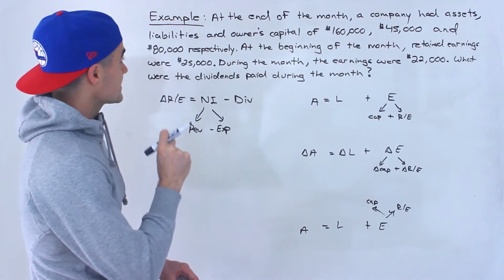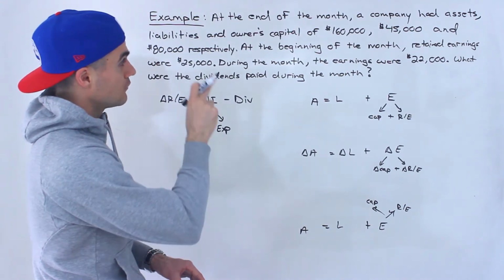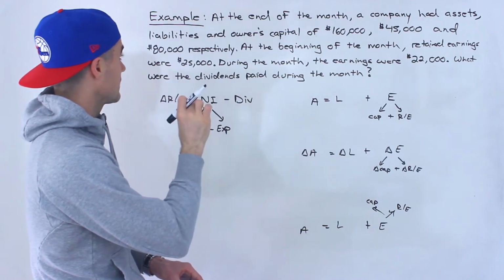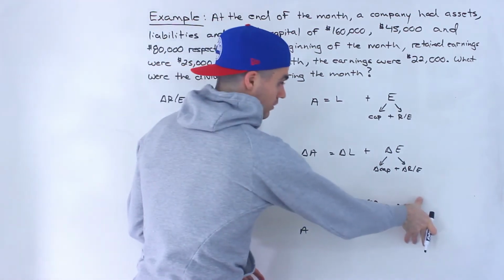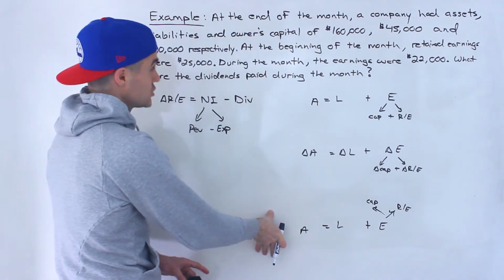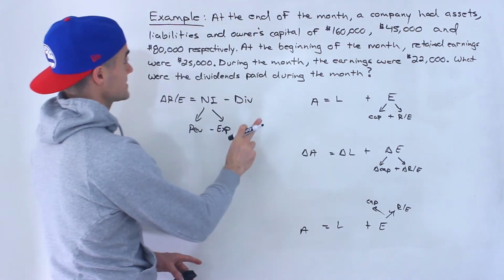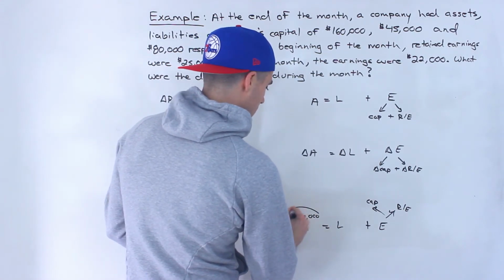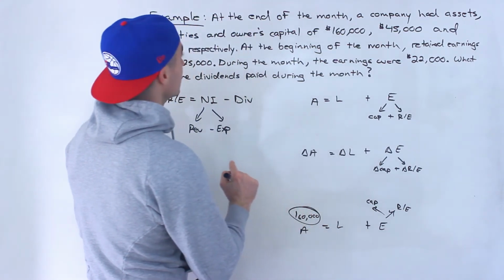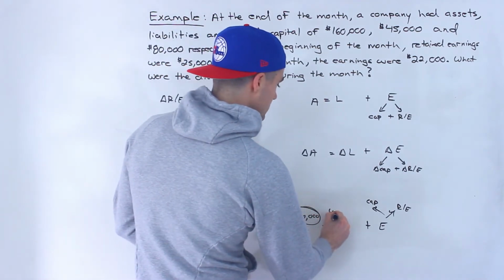So the company had assets, liabilities, and owner's capital of $160,000, $45,000, and $80,000 respectively at the end of the month. So notice that's all end of the month balance sheet accounts. So assets, $160,000, that's here. Liabilities, $45,000.